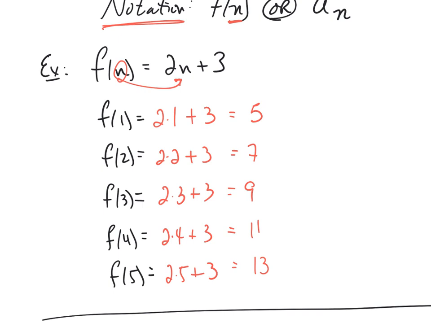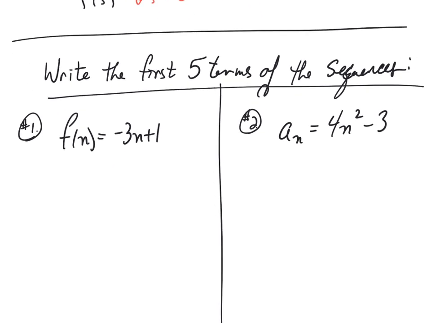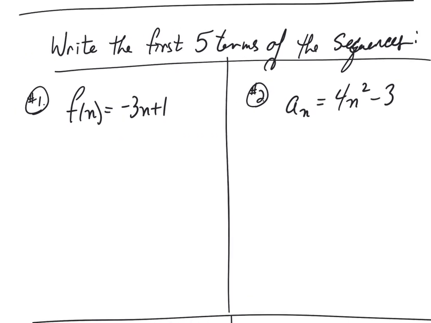And traditionally, the numbers that come out, once we put in consecutive integers, whatever numbers come out are usually called terms. So we call these the terms of the sequence. Okay, and so I'm just going to ask you to bop through a few examples. I'm going to give you a sequence, and then in these examples, what I'm going to ask you for, guys, is the first 5 terms of each of the sequences.